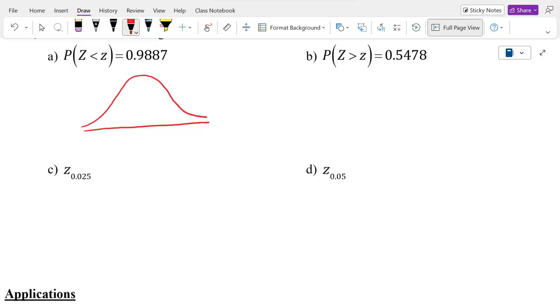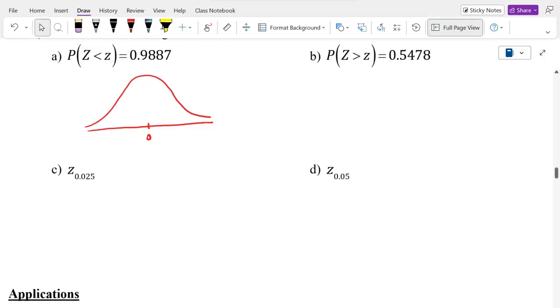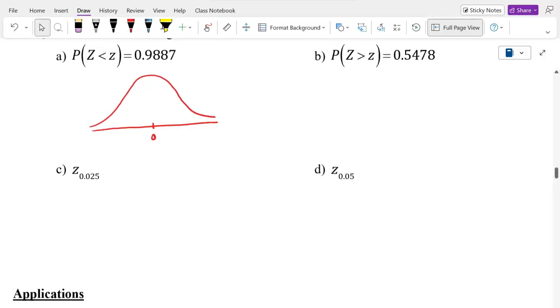And here it says z is less than. So underneath some number, the area is 0.9887. It says that z is under some number, right? Less than some number. So I'm going to start at the end of the curve over here. Up to here is 0.5, so I've got to go a little bit more.